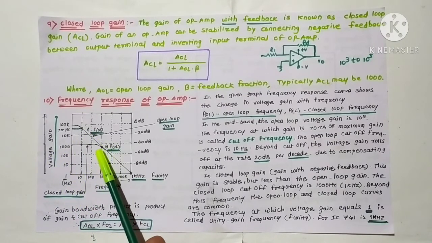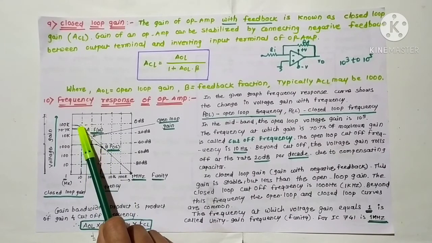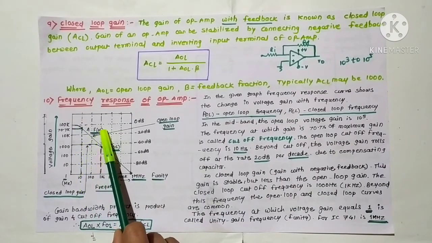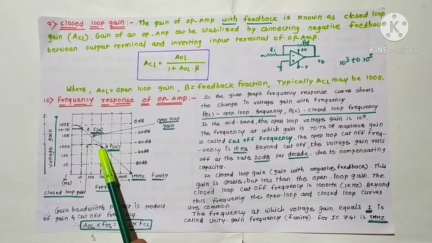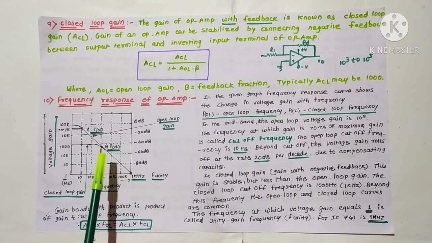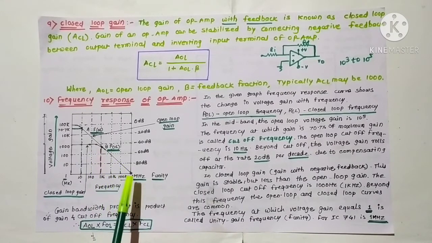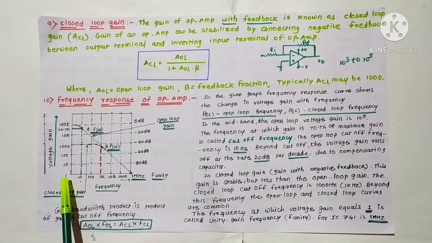You have to observe only the cutoff frequency for open loop and the cutoff frequency for closed loop. Beyond this, both the curves are common. Now you have to see the next point, the frequency at which the gain is equal to 1.